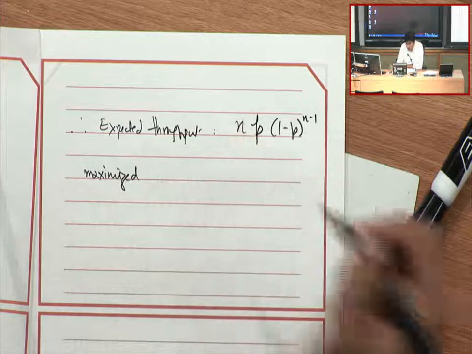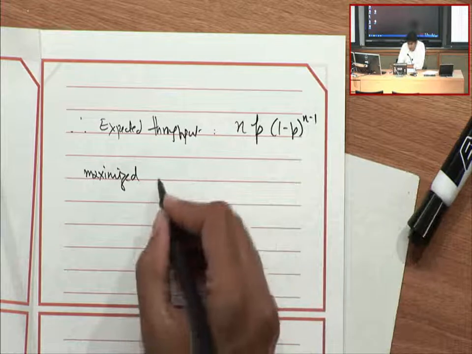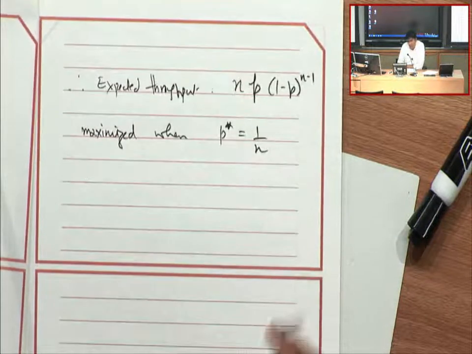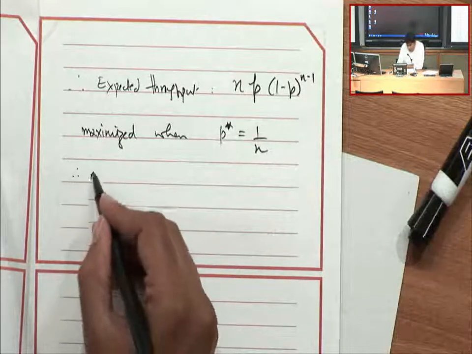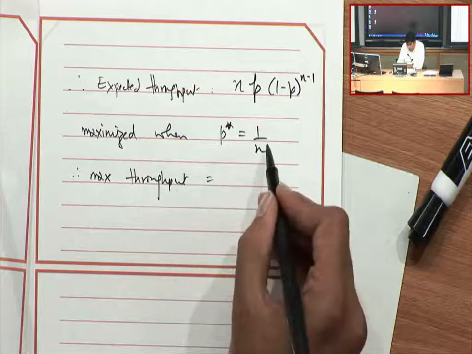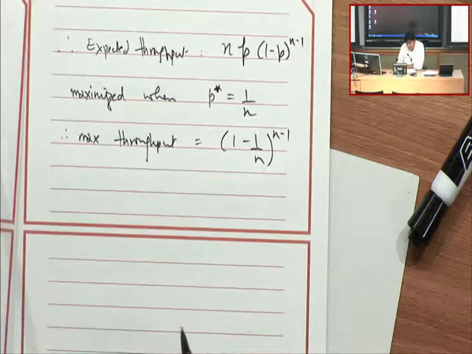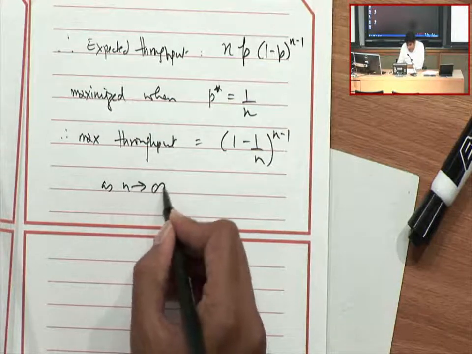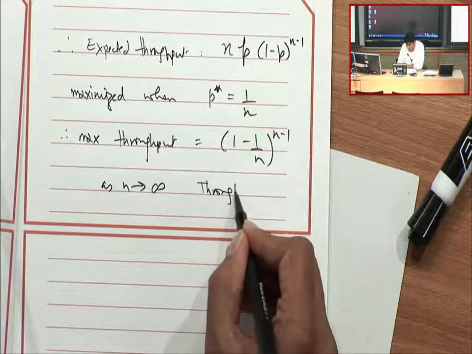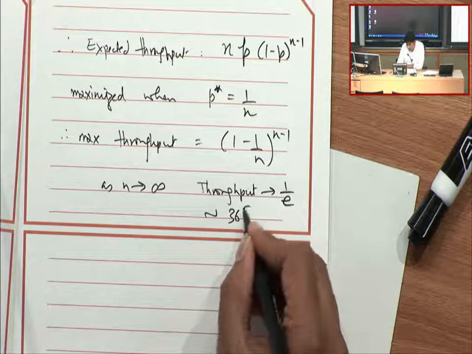We took the derivative of this quantity with respect to p, set it equal to 0, found that point, and we found that it's maximized when p star is exactly 1 over n. Okay? And therefore max throughput equals, substitute this in here, (1 - 1/n)^(n-1). And we said that as n gets larger, this throughput tends to 1 over e. So it's roughly 36%.